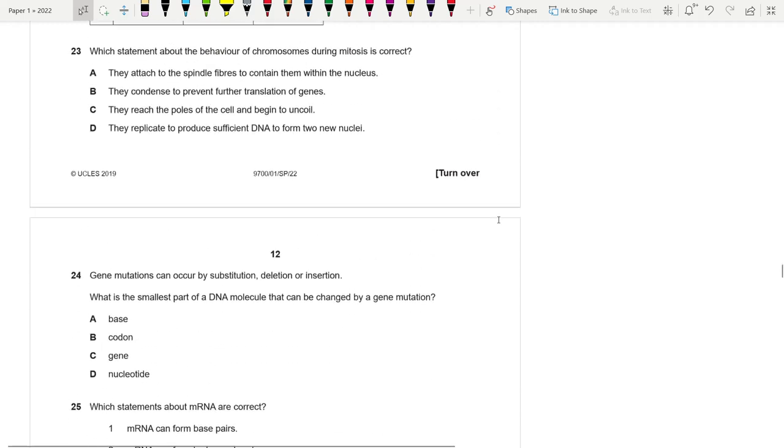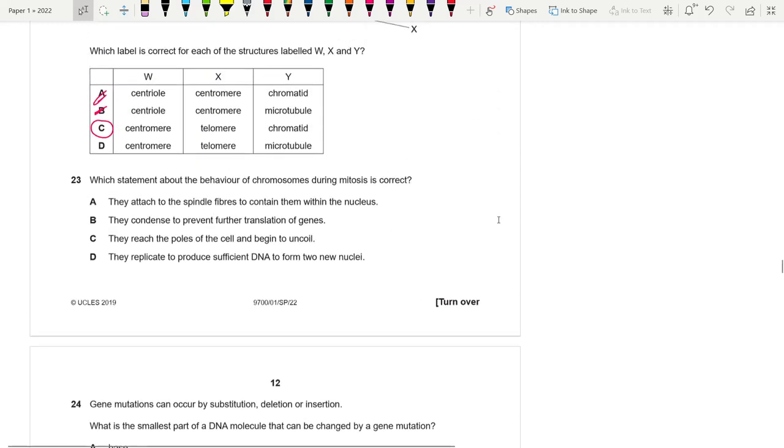Moving on to 23. Which statement about the behavior of chromosomes during mitosis is correct? They attach to the spindle fibers to contain them within the nucleus. Not really. They condense to prevent further translation of genes. Not really. They reach the poles of the cell and begin to uncoil. Okay, that's true. This happens after telophase, right? After they have reached the poles. They actually attach to the spindle fibers to line them up along the equator, right?